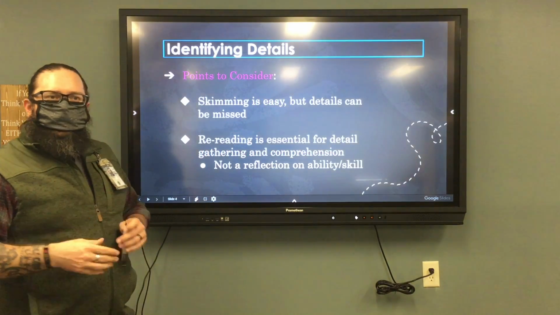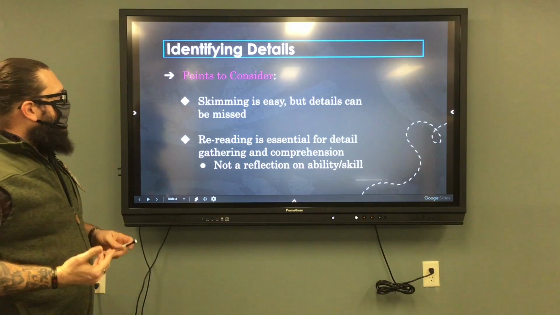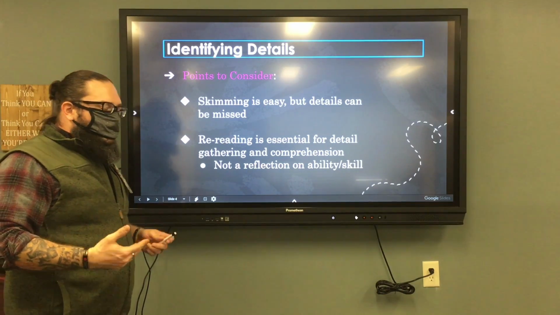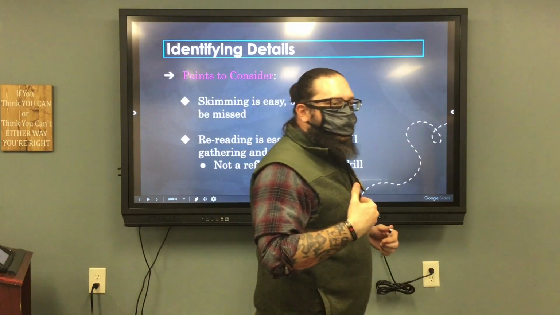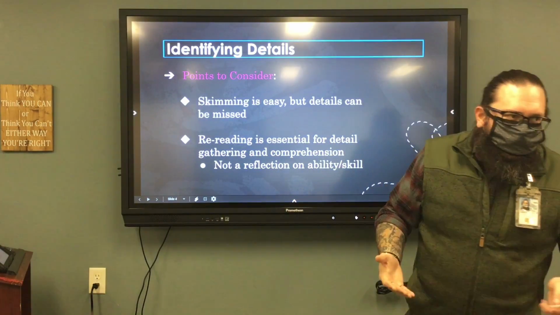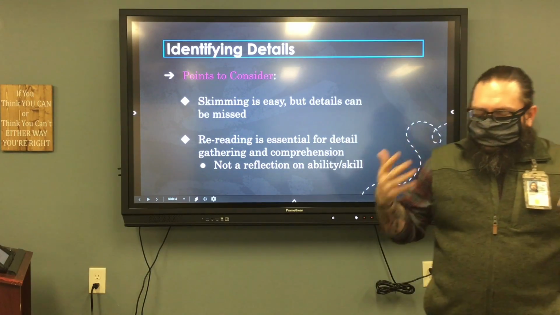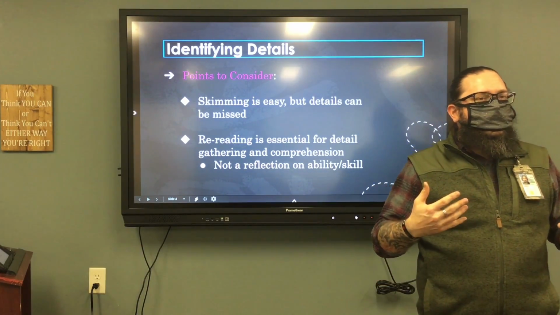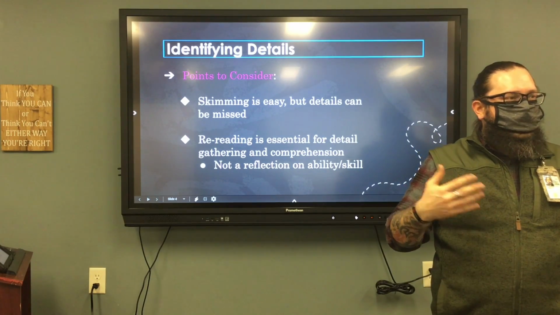So there are a couple of points that we do need to consider. First, skimming is easy, but details can be missed. How many times have you gone to read an article online, or maybe even when you were back in school, you were reading to answer a particular question on a test or an assignment?